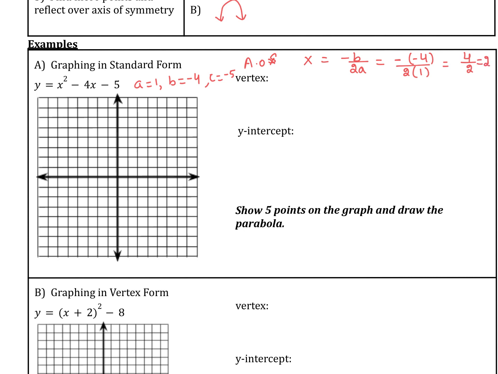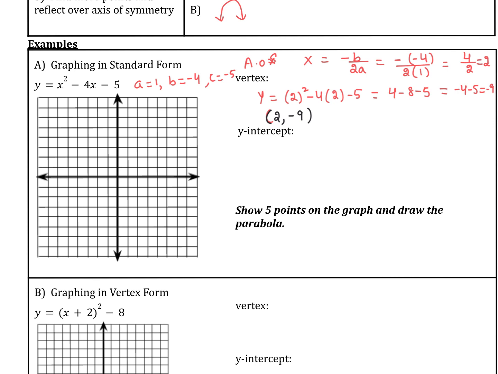To find the vertex, you're going to plug the 2 into the given equation and find y. So that's going to be 4 minus 8 minus 5, and that's negative 4 and negative 5, that's negative 9. So the x and y are going to be 2 comma negative 9, and that's going to be your vertex, 2 comma negative 9.